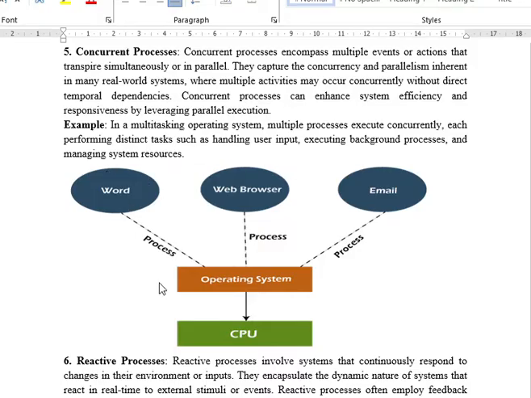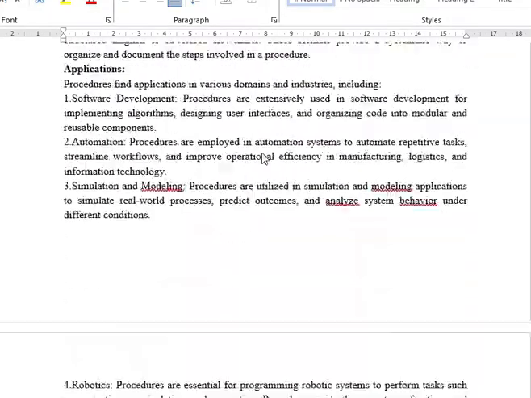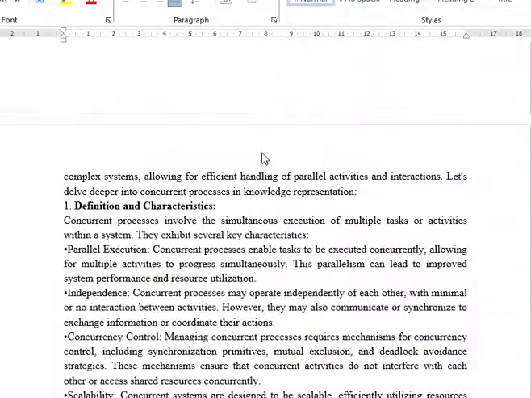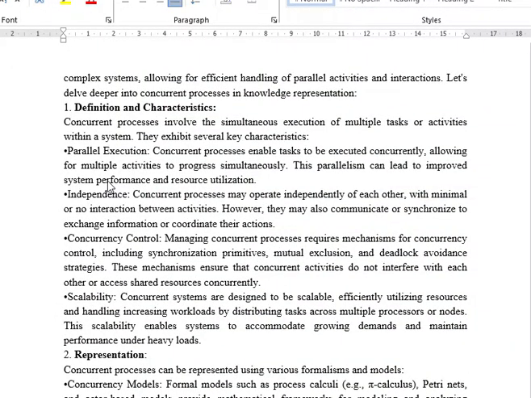The interaction will be between Word and the operating system, but there will be no interaction between the events or the actions. That is independence: there is no interaction between the activities.